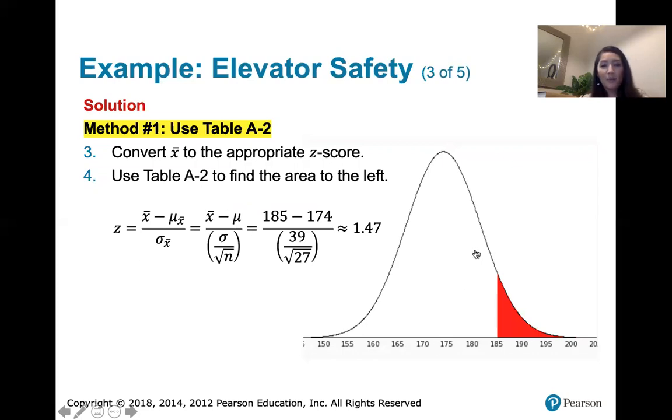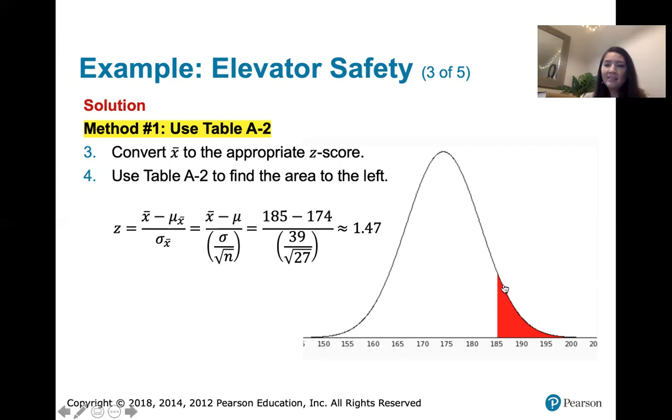X bar, that's 185, so that's the sample mean. Then we're subtracting the mean of the sample means, which happens to be the same as the population mean. And we're dividing by the standard deviation of the sample means, which happens to be the population standard deviation divided by the square root of the sample size. We just substitute everything in and we get a z-score of approximately 1.47.